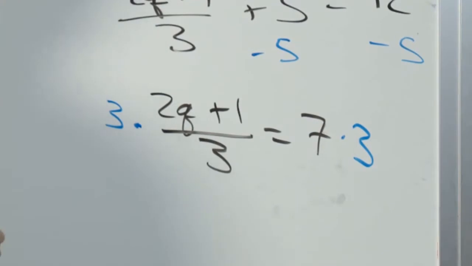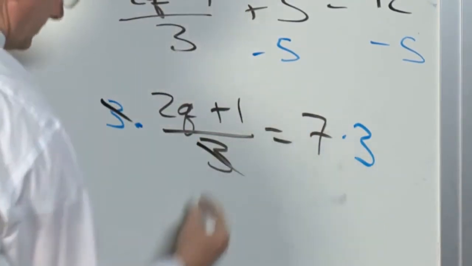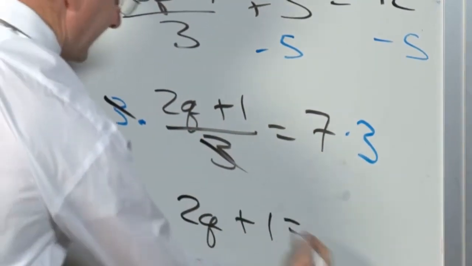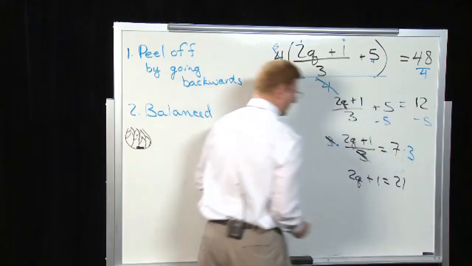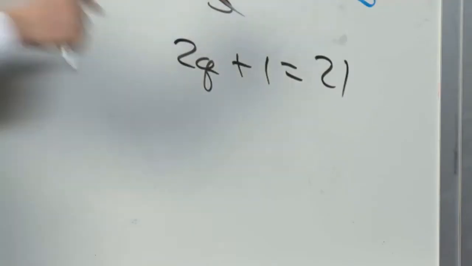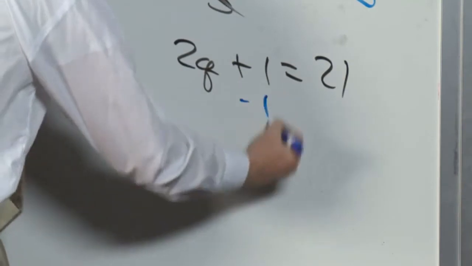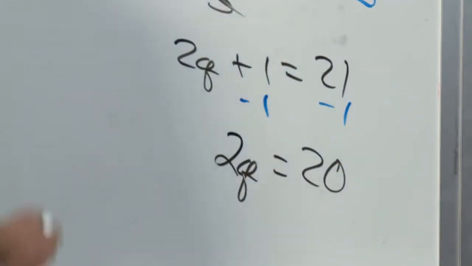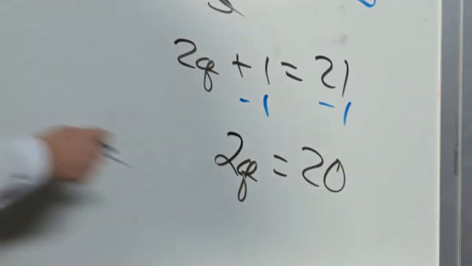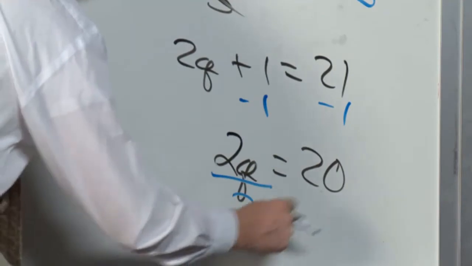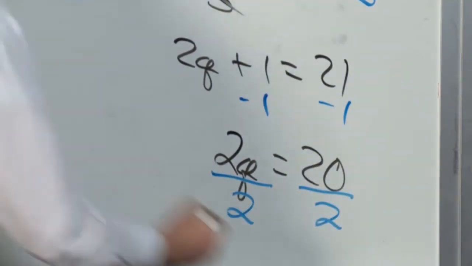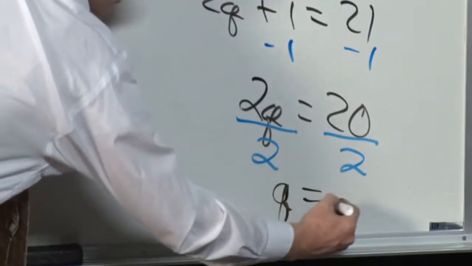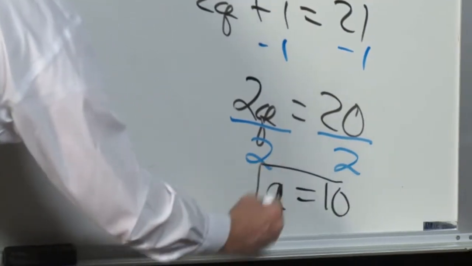So we have, this is now gone. 2q plus 1 has to equal 21. So how do we get rid of this plus 1? We subtract 1. And so we get 2q equals 20. Get rid of the 2, multiplication. Divide that 2 off. It's the opposite of multiplication. And we get q equals 10.